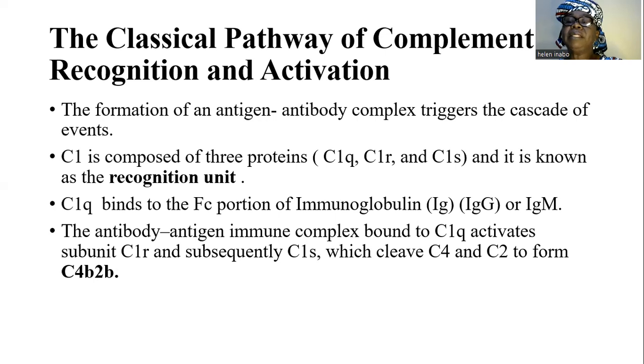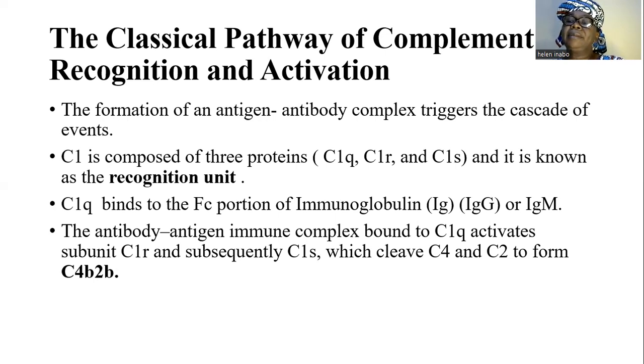The antibody-antigen immune complex bound to the C1q then activates the subunit C1r and subsequently C1s, which cleaves C4 into C4a and C4b. C4a is a small fragment, while C4b is the larger fragment, which combines with the activated C1 components.